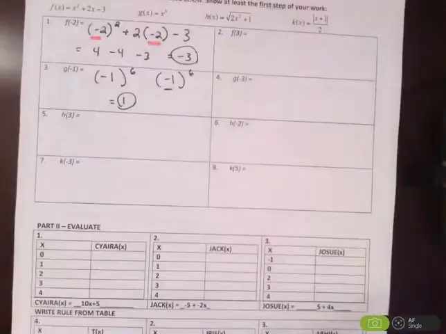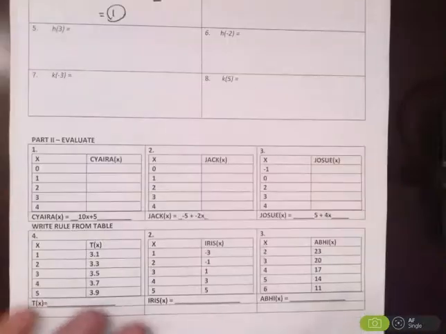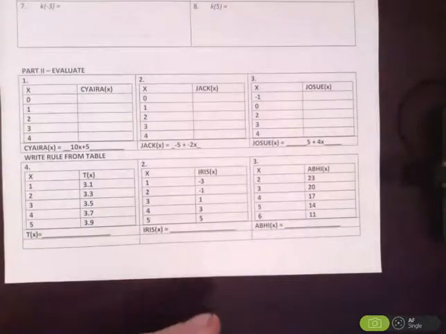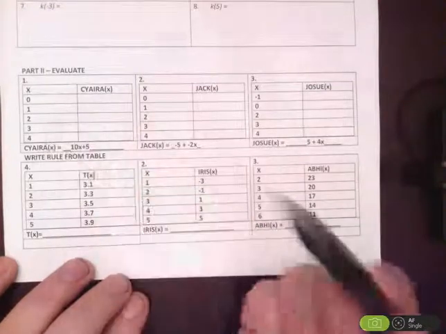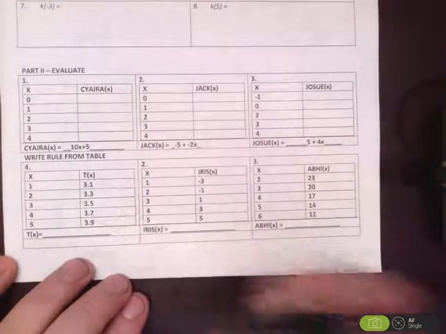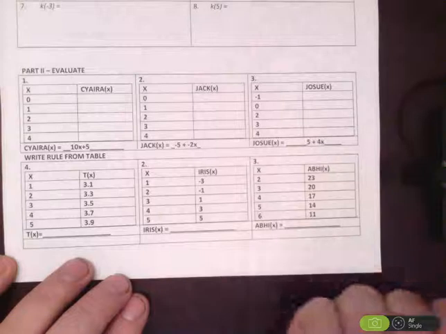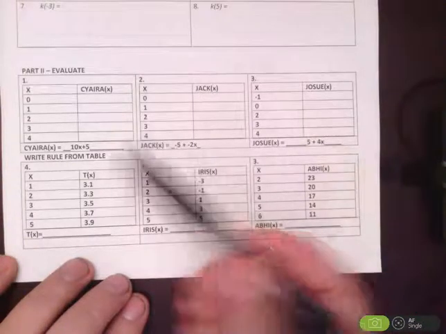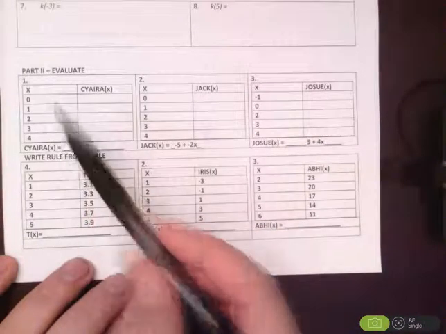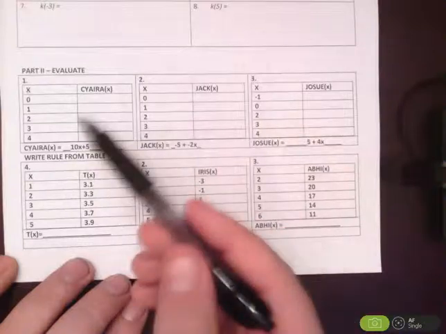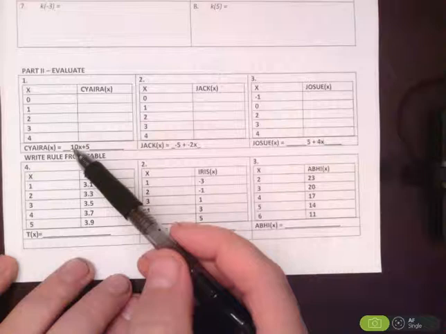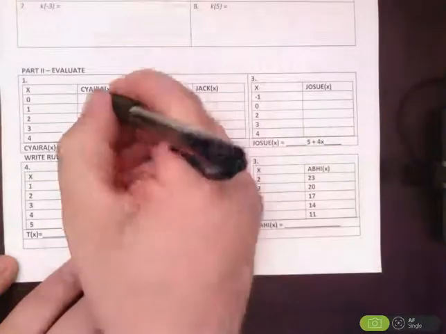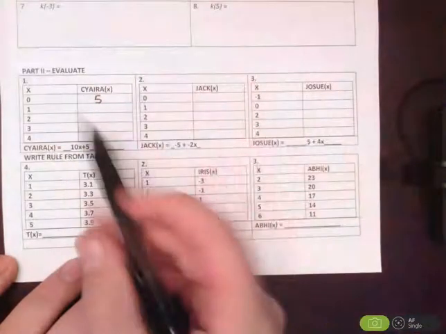And down here, it really is the same thing, only now I have a table instead. So I'm dumping all these values into this function called Sierra, but it could be called T, it could be called U, it could be called F. You don't really care what it's called. What does it do? It takes whatever goes in, multiplies it by 10, and adds 5. So if I put a 0 in there, 0 times 10 is 0, plus 5 is 5, etc. And then I'm just going to go on and fill in the table.